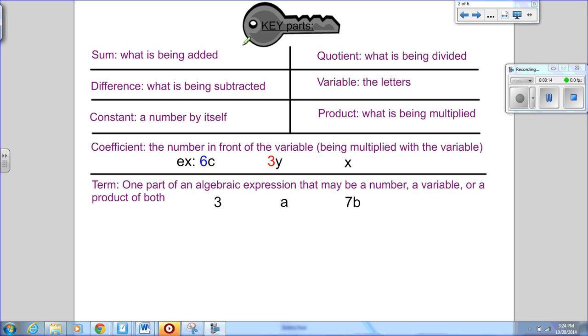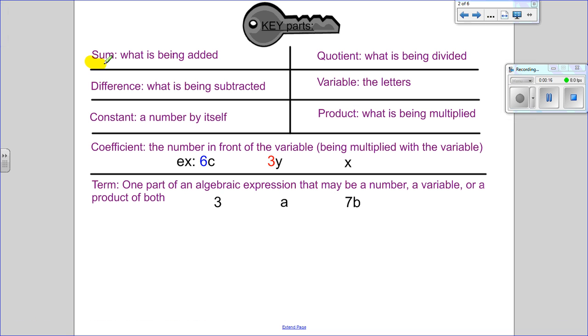The key parts. First, we have sum. Sum is what is being added. Difference is what is being subtracted. Constant is the number by itself. The quotient is what is being divided.